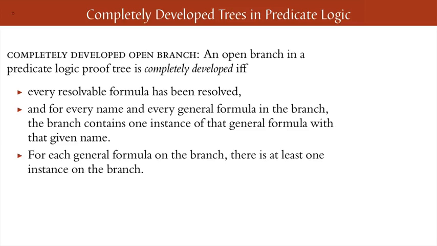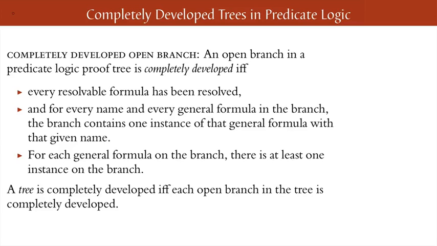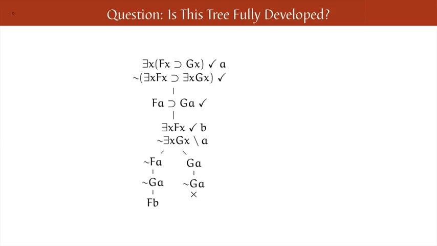And finally, and this is a special condition for that special case where we don't actually have any names in the branch, each general formula in the branch has had a name substituted into it at least once. You can't get away with not doing any substitutions because you haven't used any names. Finally, a tree is completely developed if and only if each open branch in the tree has been completely developed. And so that's the definition.